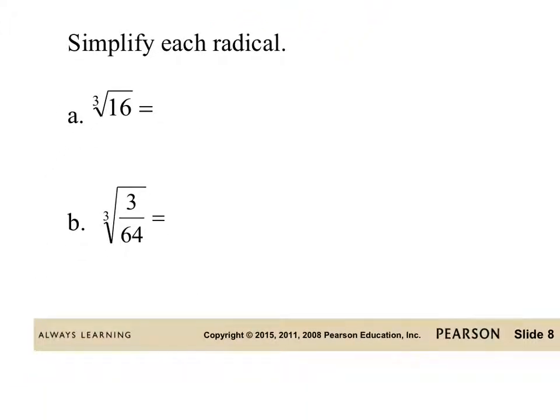So we're going to practice now with cube roots. And the cube root of 16. 16 is 2 times 8, which is 2 times 4, which is 2 times 2.